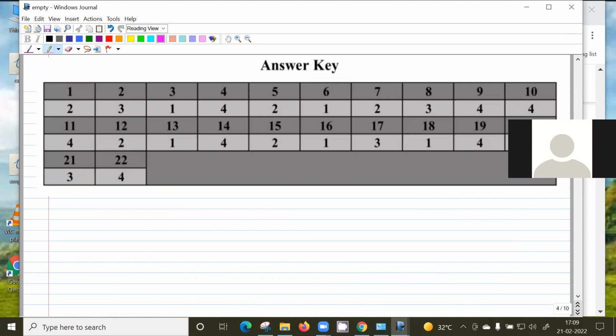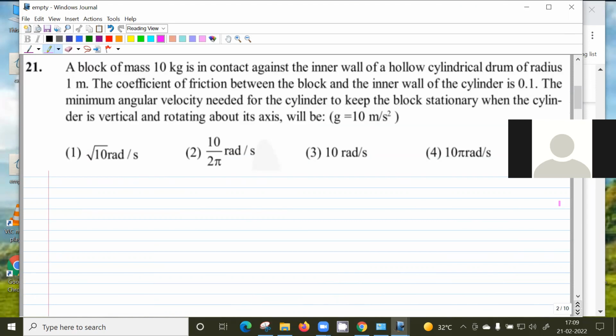So in the minimum velocity case, the friction force should balance the weight, right? It should balance the weight, so mg. And this friction force is the limiting friction, so mu into the normal reaction, which is mv squared by r. V is given, so you can find it.